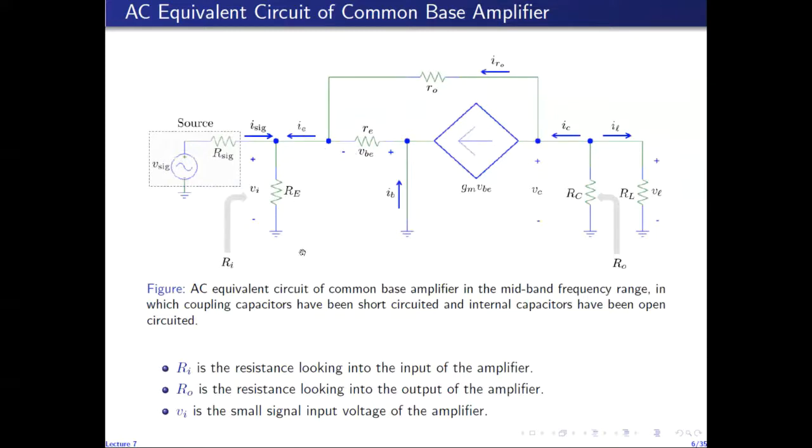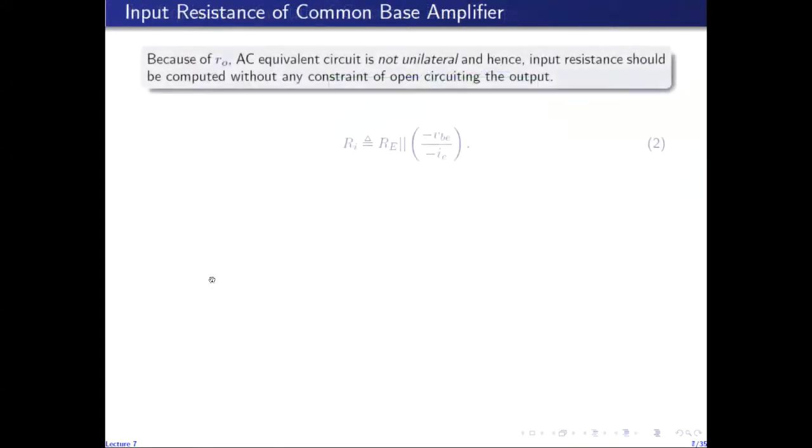So Vi over minus IE is the impedance seen looking into this port, which is in parallel with Re to give Ri. So I have written this Ri as Re in parallel with Vi over minus IE.